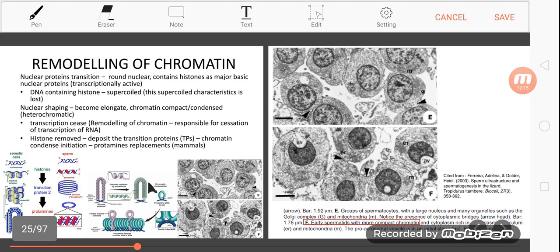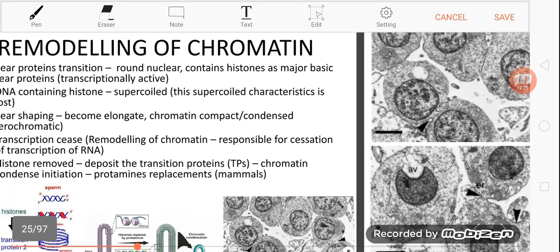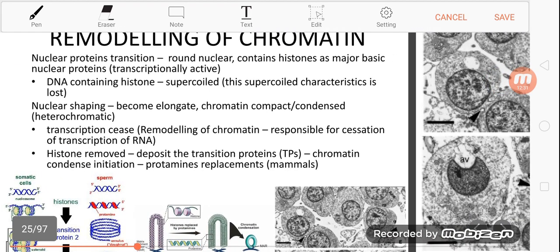Next. Okay, this slide over here is the explanation of the compaction and condensation of the DNA. DNA in the nucleus is compacted using histone protein. The round nucleus contains histone as the major basic nucleoprotein.